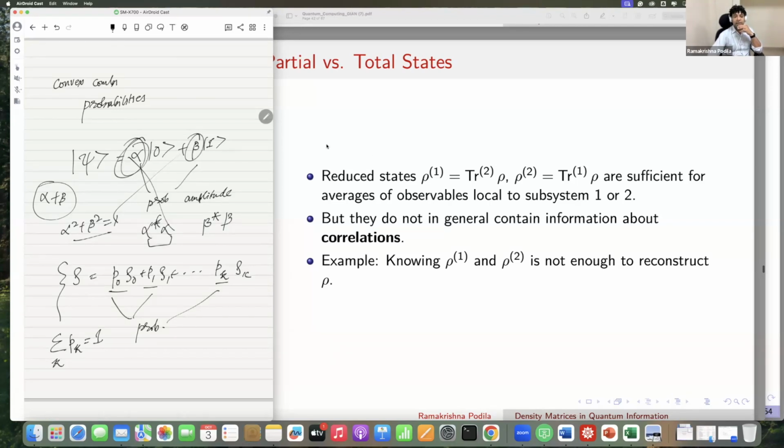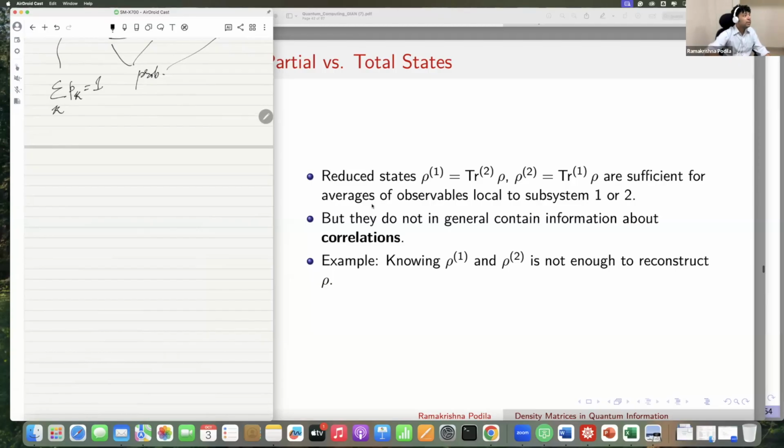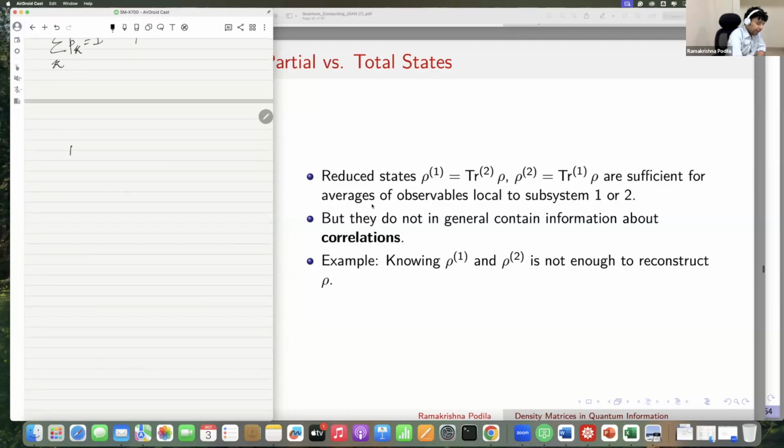Okay, third question. If you have a bipartite system, 1 cross 2, then to obtain the reduced density operator for subsystem 1, you have to sum over system 2. This again has to do with probability: if I have a joint probability like P of xy and I just want to get P of x, then I sum over all the probabilities, sigma P of xy.